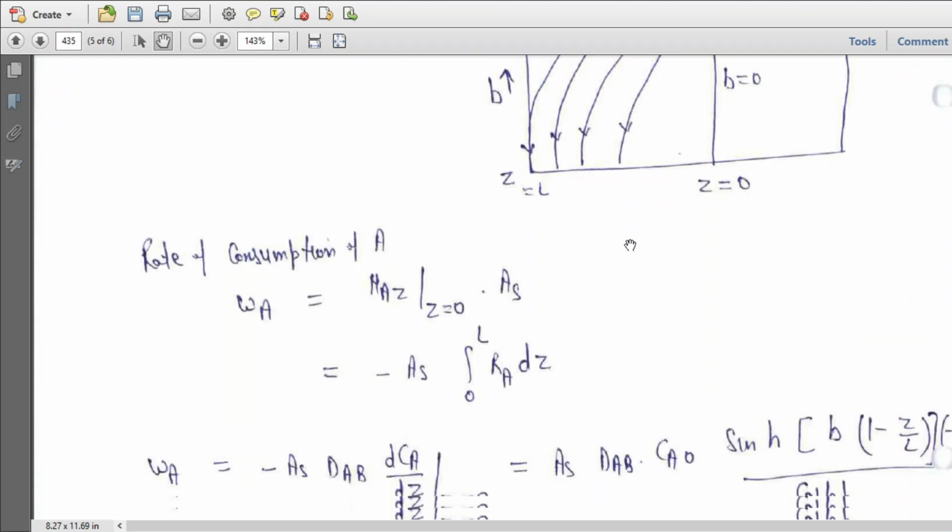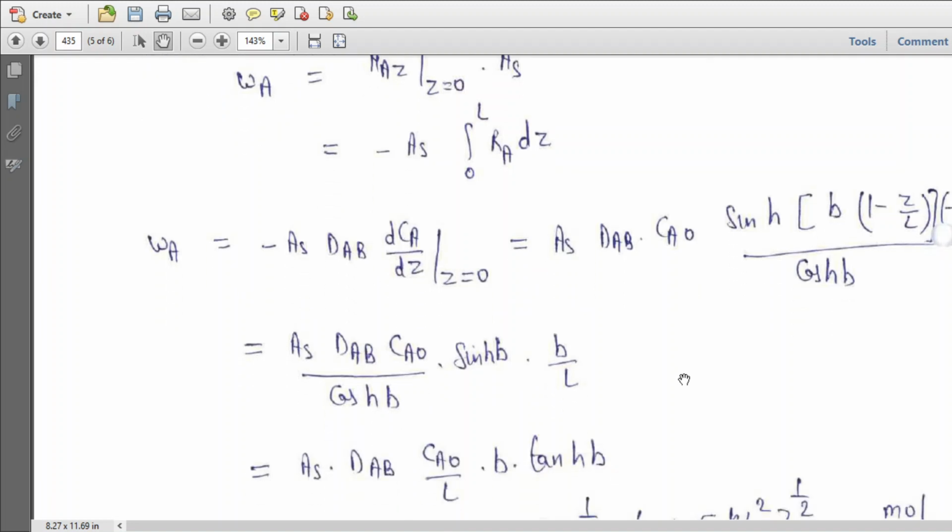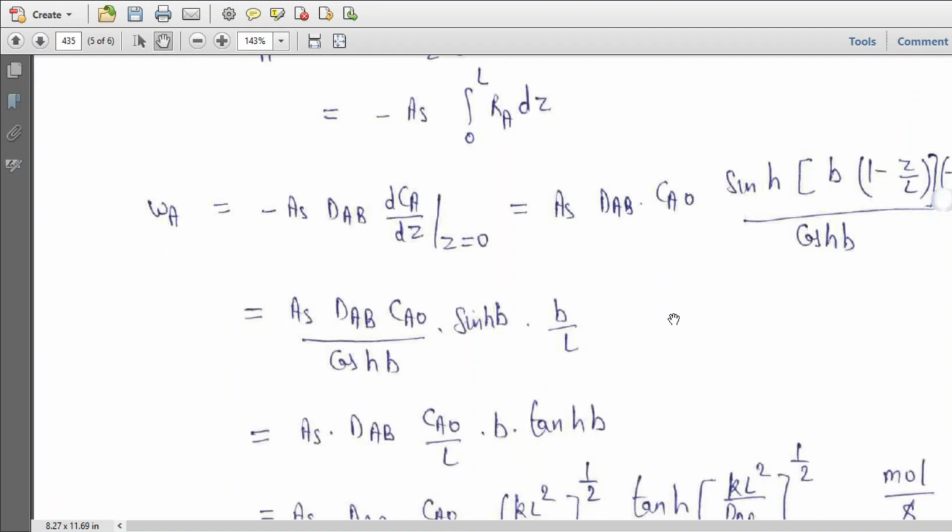So this would be your expression for the rate of consumption of A: dAB Ca0 sinh b(1 minus Z upon L) multiplied by minus b by L, divided by cosh b. Now you calculate all of this at z equal to 0, so you substitute z equal to 0.